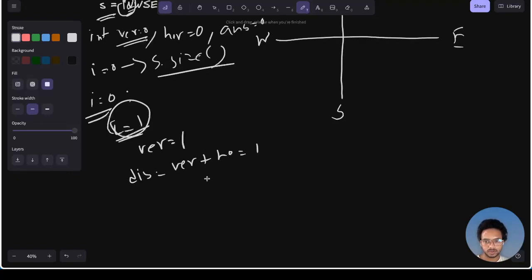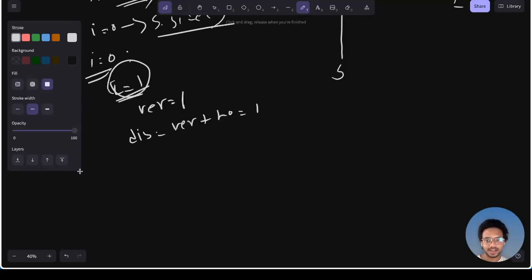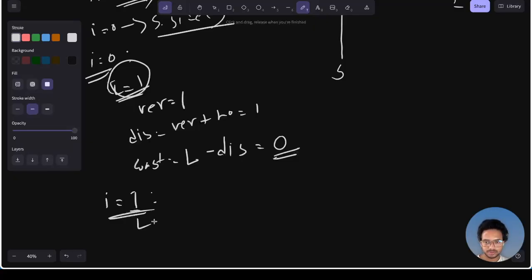And then each time we'll calculate if there is any wasted distance we are wasting. Wasting means the length minus the current distance we got, so 1 minus 1 is 0. So there is no distance we are wasting currently. Now if I is 1, the length should be 2 this time.